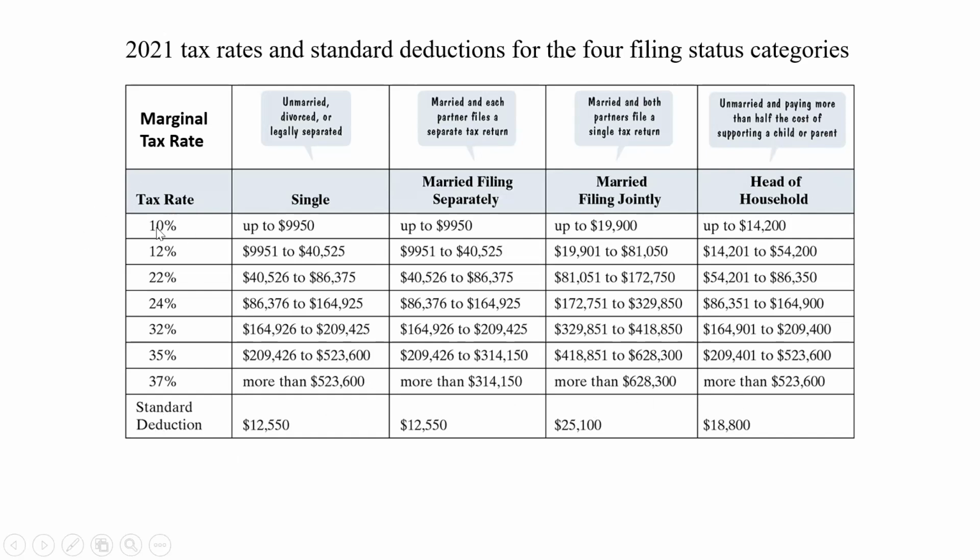Note that you pay 10% on up to that amount, then you pay 12% from that amount to that amount, and then you pay 22% on that amount to that amount. Depending on where you are, you take each of these rates times however much is in each column, and then you add them all together to get your final tax amount.